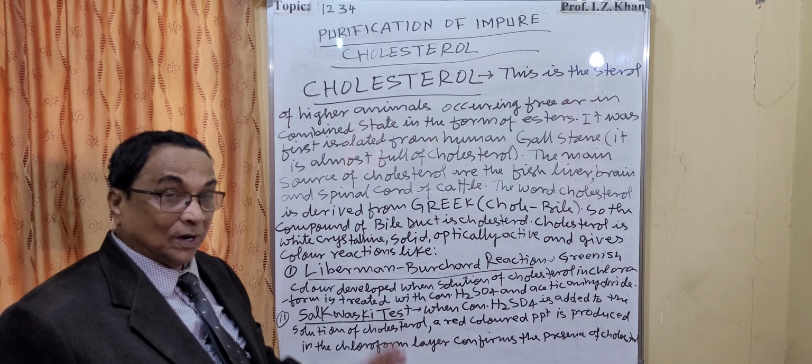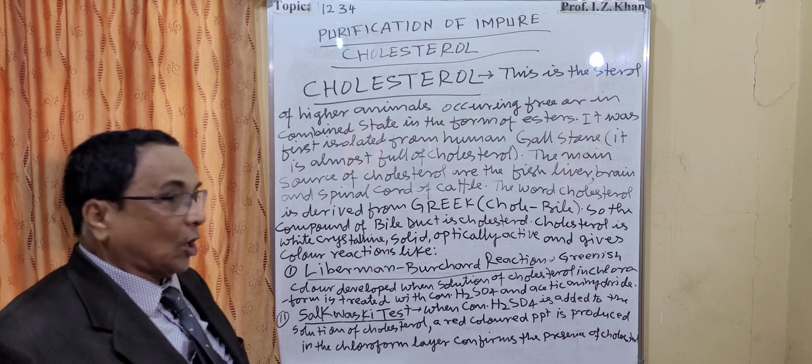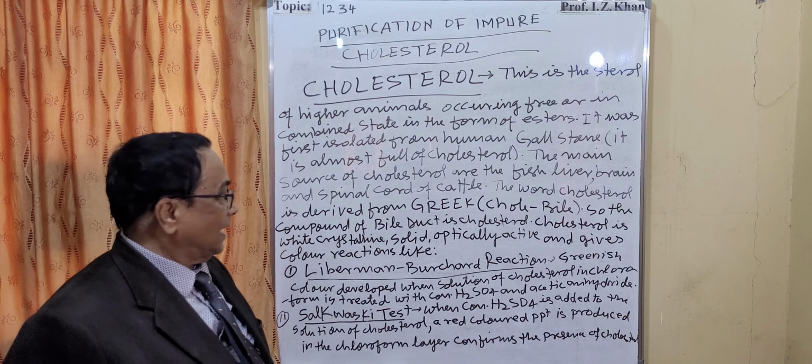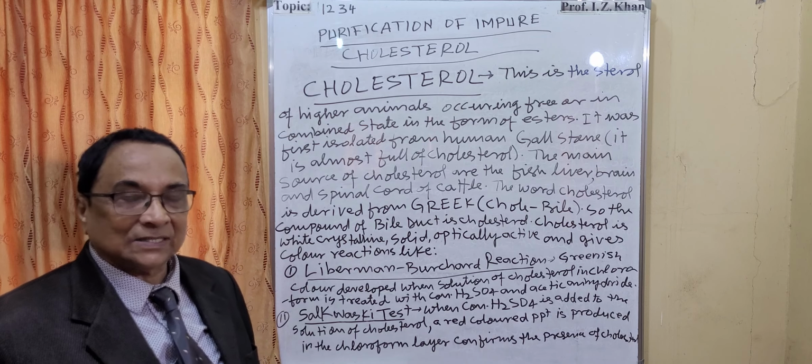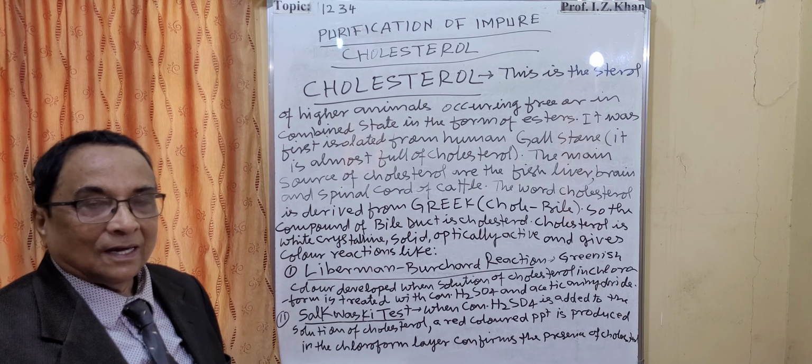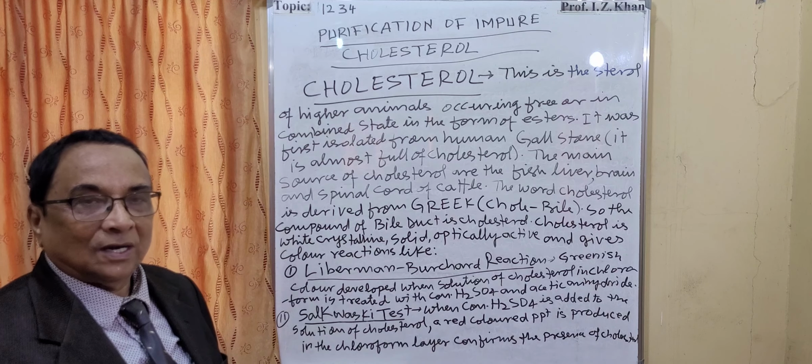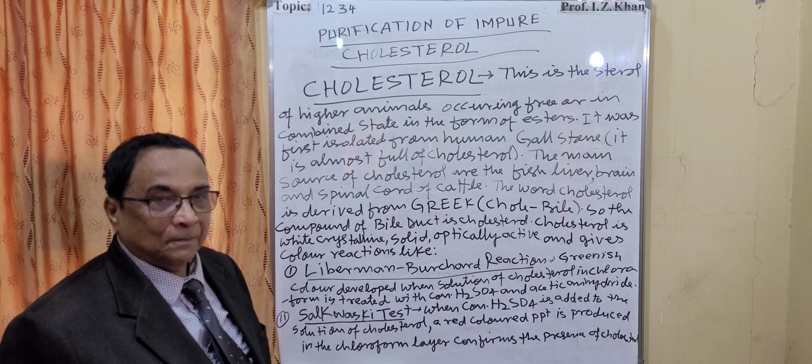Cholesterol is a white, crystalline, optically active solid, and gives some color reactions. These two color reactions I have given you. First is the Lieberman-Burchard reaction, in which you get a green color when acetic anhydride and concentrated sulfuric acid are added to a cholesterol solution in chloroform.